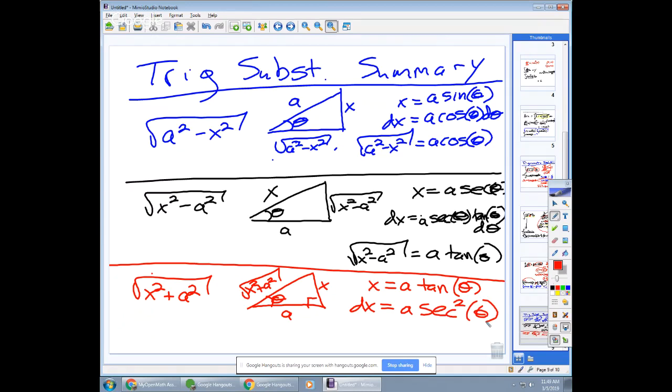Then we have to figure out what to do with that square root. The easiest thing to put the square root together with is a. Cosine would be a over the square root. Oh, secant is the square root on top. So the square root of x squared plus a squared is a secant theta.